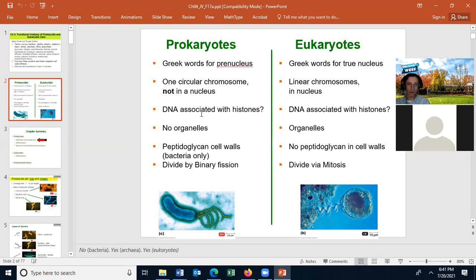And the archaea also have histones, and that's why I need to make the distinction here and there that bacteria do not have histones with their DNA. The prokaryote cells divide by binary fission. The eukaryote cells divide by mitosis. And so those are some differences between prokaryotes and eukaryotes.